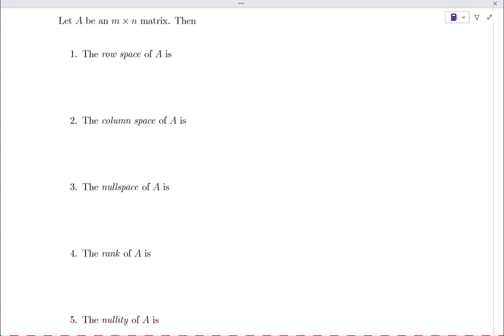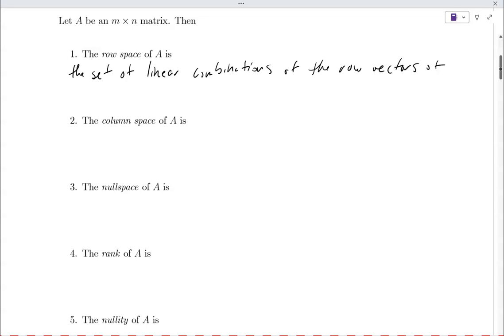So the row space of A is just the set of linear combinations of the row vectors of A, treating each row like it's a vector. Look at each of those, make a linear combination. That's how you're going to get the row space.